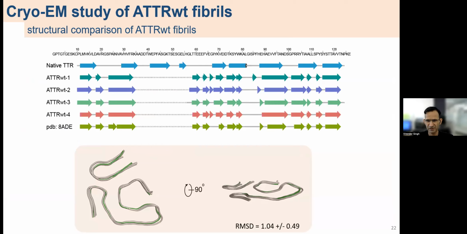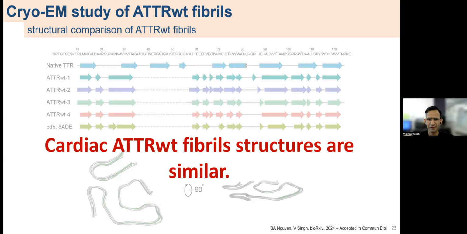All 4 structures show good homology with an RMSD of just 1. This reveals that cardiac ATTR wild-type fibril structures are very similar, and this correlates well with the clinical presentation, as most wild-type ATTR amyloidosis cases have a similar clinical presentation.